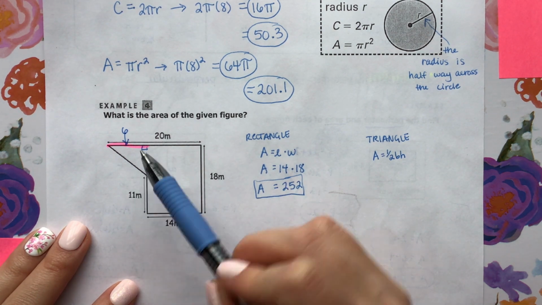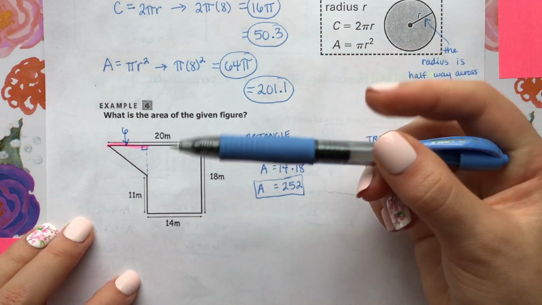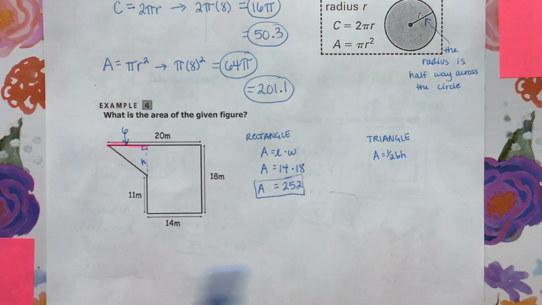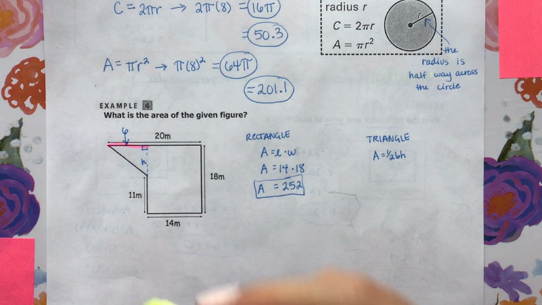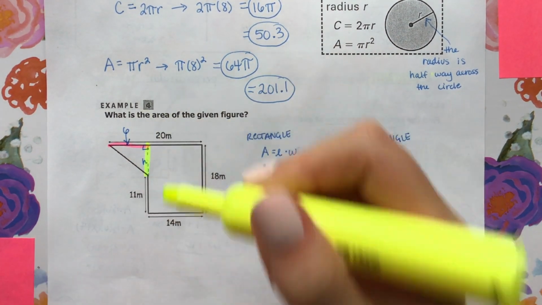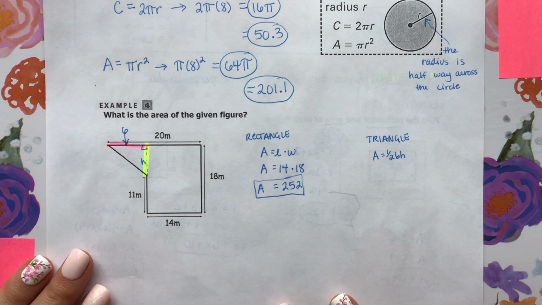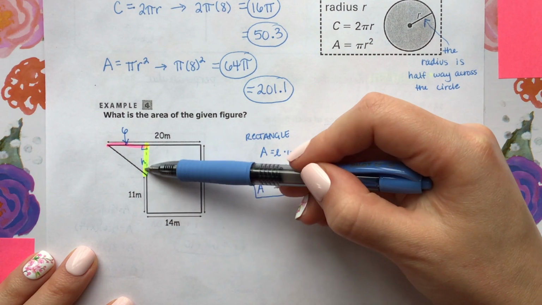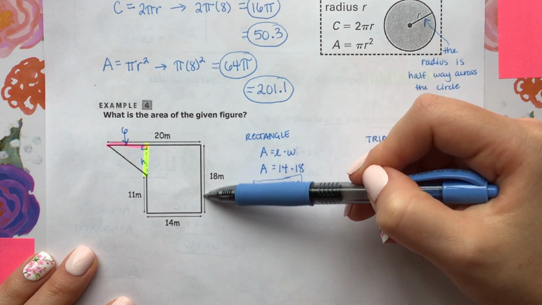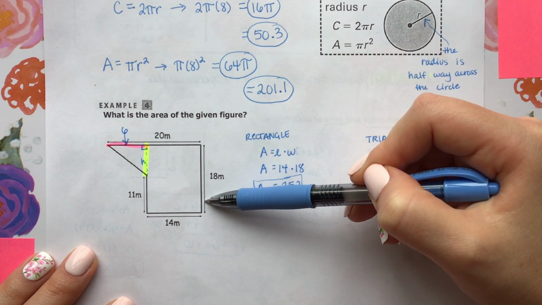I'm going to do that same strategy for this part, and I'll label that height one more time just so you guys know that. And I'm trying to calculate the part highlighted in yellow. So I know the total length is going to be 18 based off of this information right here.